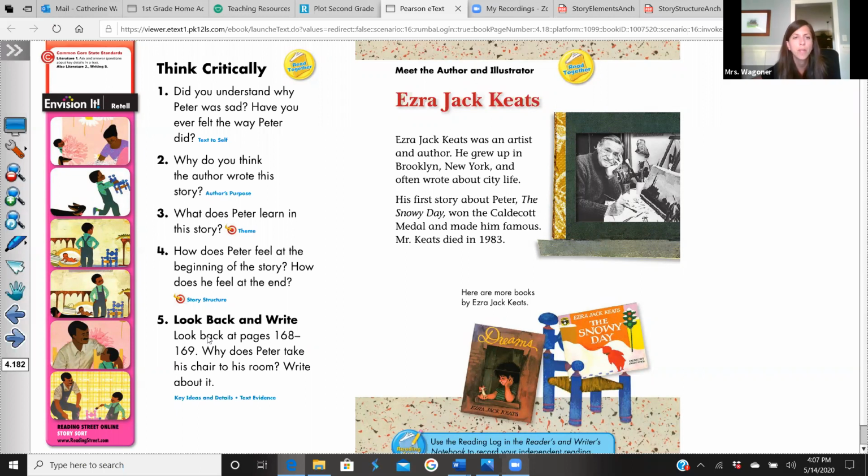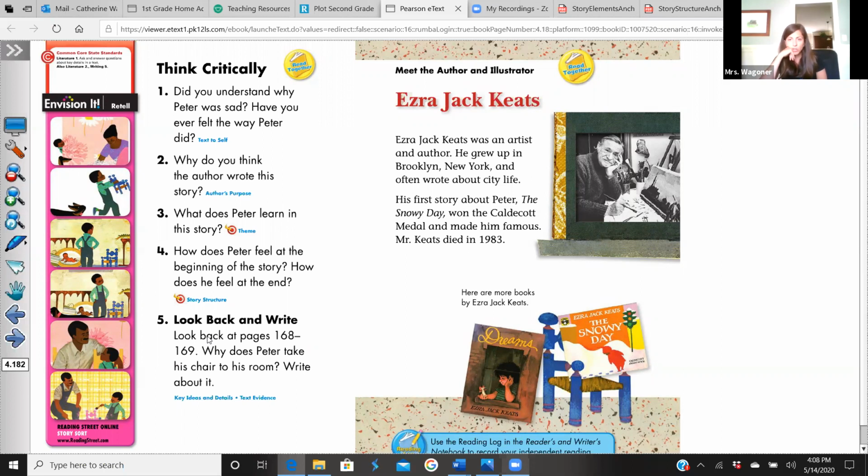Number 2, why do you think the author wrote this story? So remember, author's purpose is either to persuade, inform, or entertain. So why did the author write this story? Persuade, inform, or entertain. Number 3, what does Peter learn in this story?